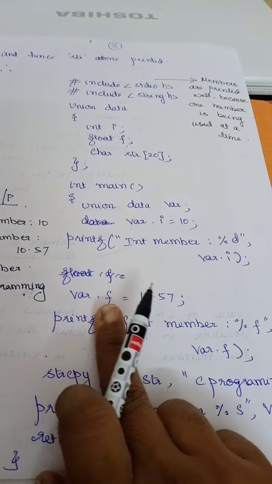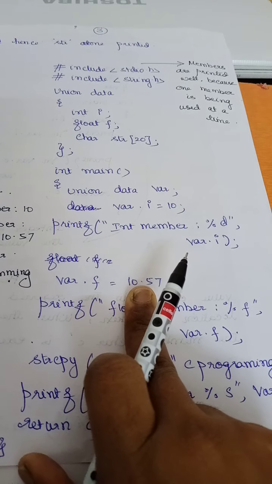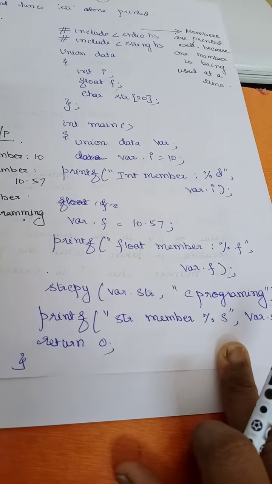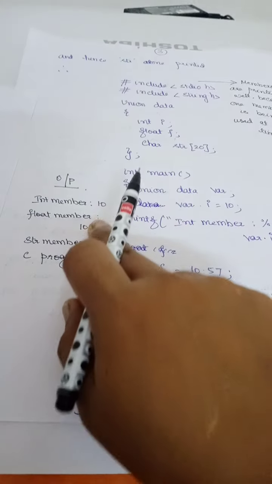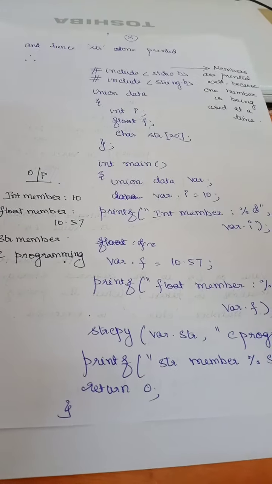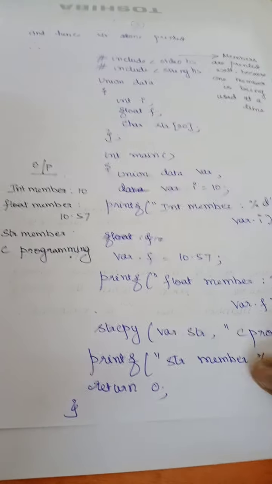Then var dot f is equal to 10.57, and I immediately print the value. And string copy, I immediately print the value. In that case your output will be correct. Is that clear? So at a time only one value can be stored and printed, right?